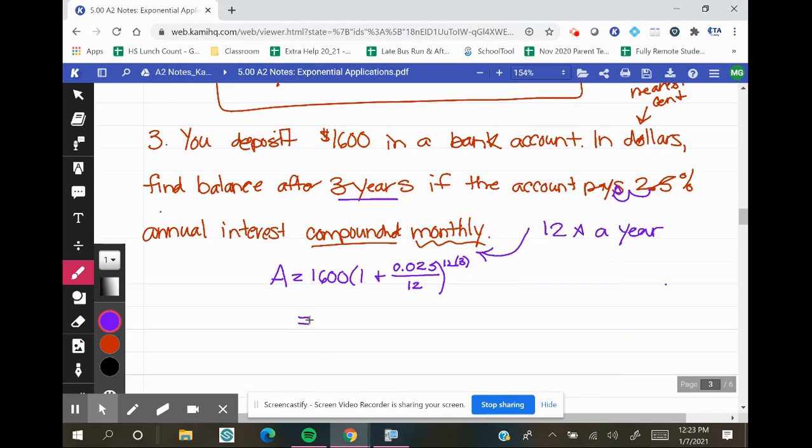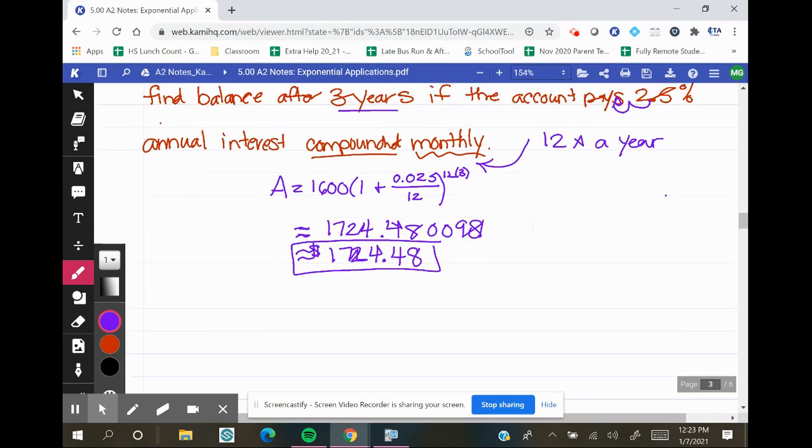And then it's approximately, write that out. Remember, you should always write out your whole decimal before you round, so if you round wrong, you can still get partial credit. We wanted it in dollars, so that means to the nearest cent. So $1,724.48 for your final answer.